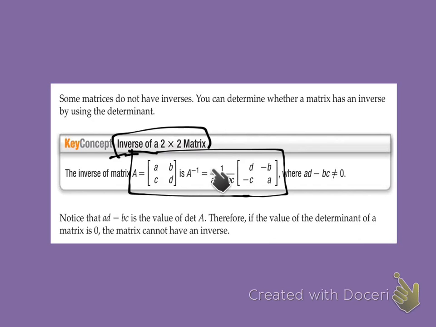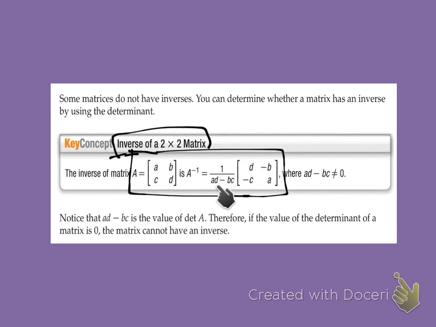To do this, you're going to take 1 and put it over the operations AD minus BC from your original matrix. AD minus BC. What is that? Anybody know? Familiar?